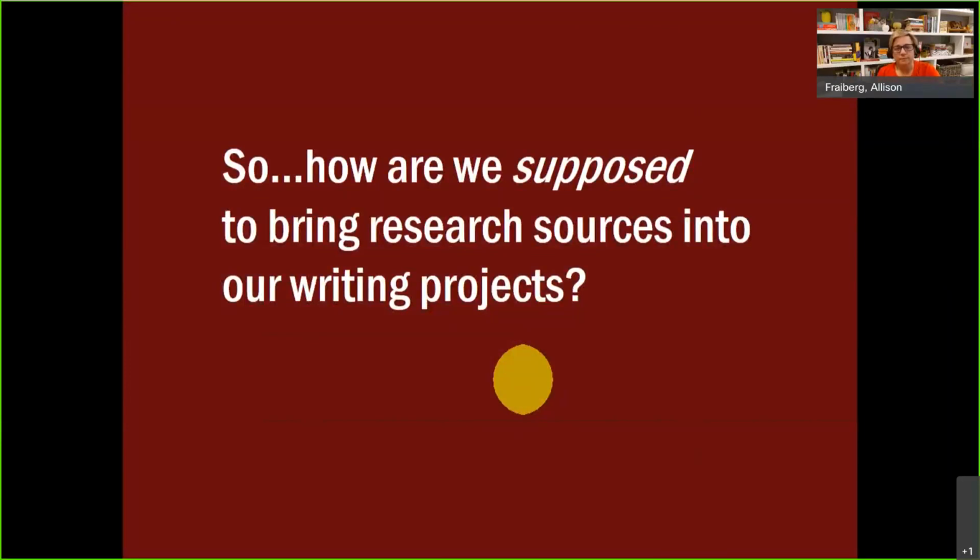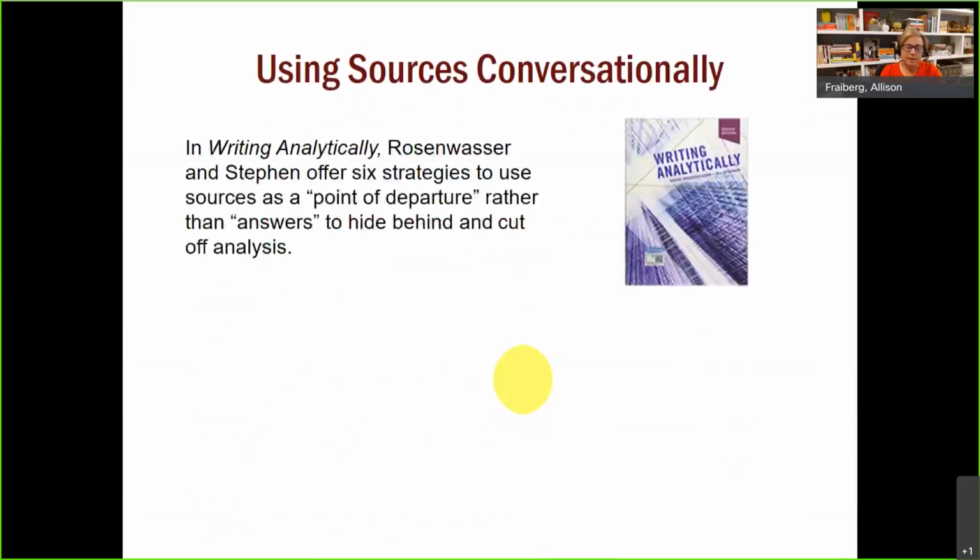Okay, Allison. So how are we supposed to bring research sources into our writing projects? I've just covered the 4 biggest weaknesses I think I see or have seen over the years. Fair enough. How should we bring in our sources? I think that using sources conversationally is the best metaphor to really rely on.